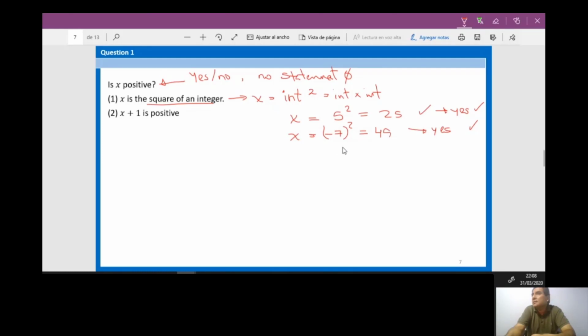When do you think we can answer no, Maria Pia? In which case could we answer no to the question, is x positive, thus changing the answer to the question? When it's negative, but you can see, even if we try a negative integer and we square it, that means we raise it to the exponent 2, we will always get a positive value. And the question is about the sign of x, not of this integer. Okay? We want to validate if the sign of x is always positive or not.